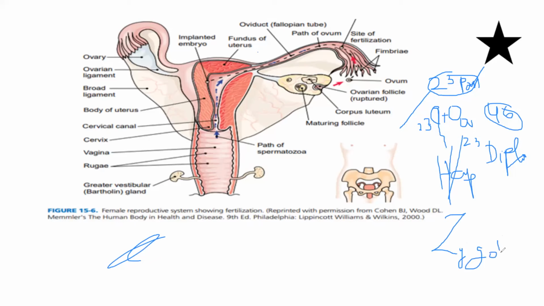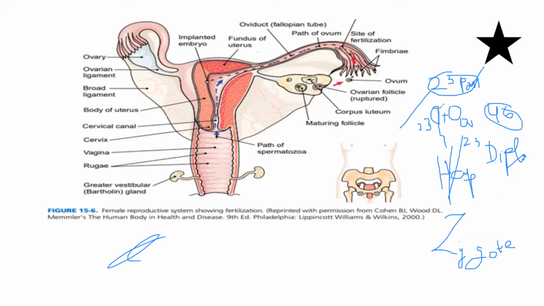So this is a new cell. The 23 again will make 46. These two cells meet and make the complete number of chromosomes. So half the information comes from father, half from mother, in the zygote.